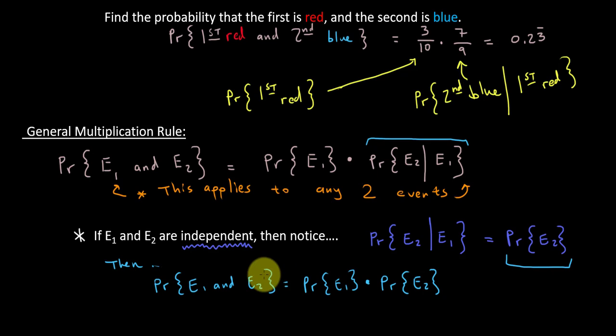And so this light blue formula was shown in the previous video, right? This was the multiplication rule for independent events.